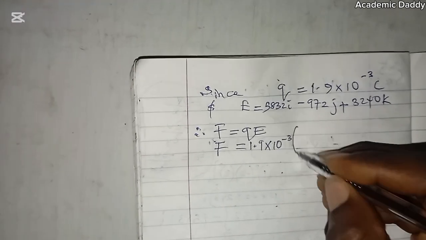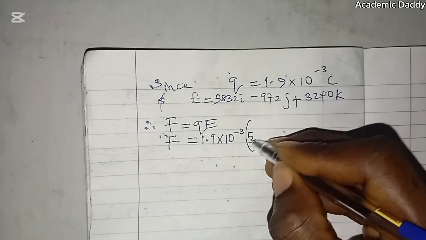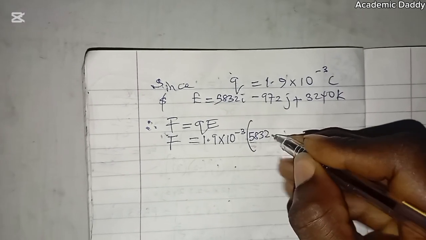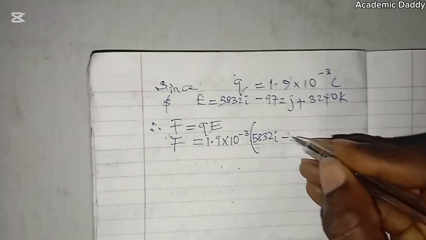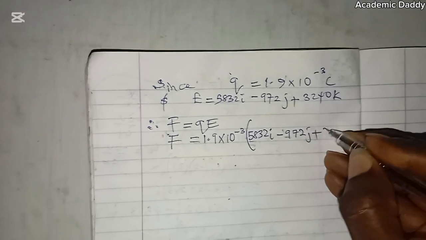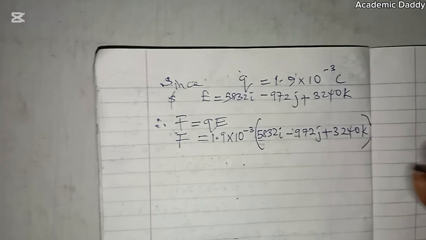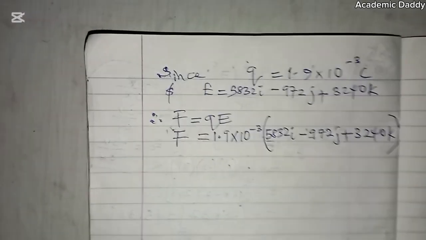So it will times my E, and my E is simply 5832i minus 972j plus 3240k. So let's do that.